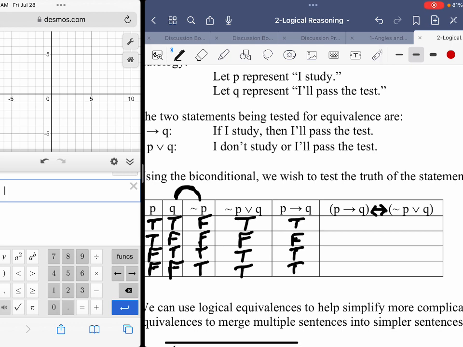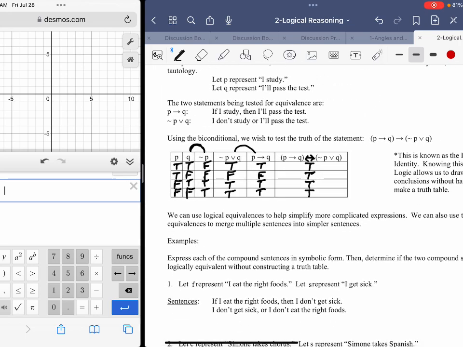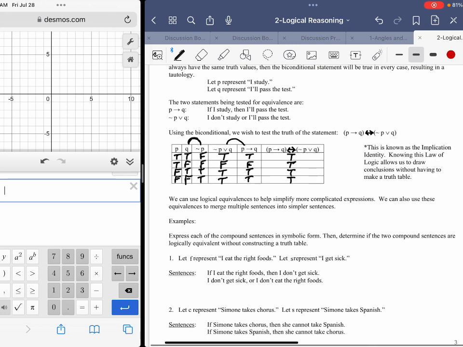The biconditional is just really asking if these two things give the same truth values. They do. So this is a tautology. It's completely valid. It means that P implies Q is logically equivalent to not P or Q.